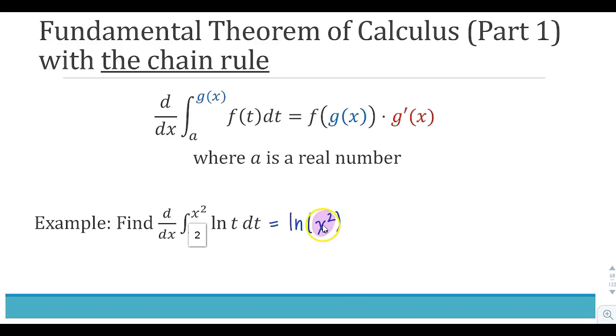So just the inside, not the derivative of the natural log of x squared, just the derivative of x squared. So that would be times 2x. So we're only taking the derivative of the upper limit of integration, whatever that function is. So this is my answer, 2x times the natural log of x squared.